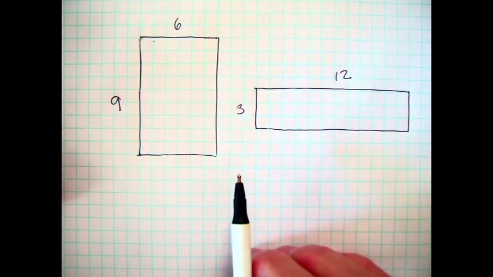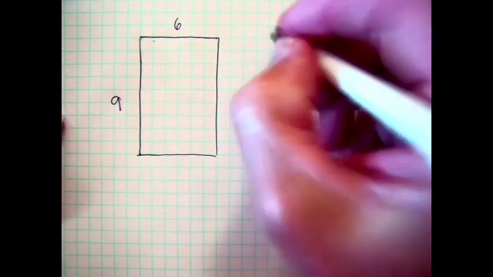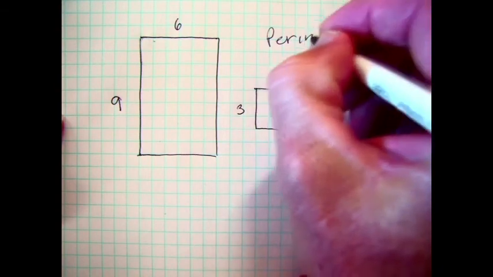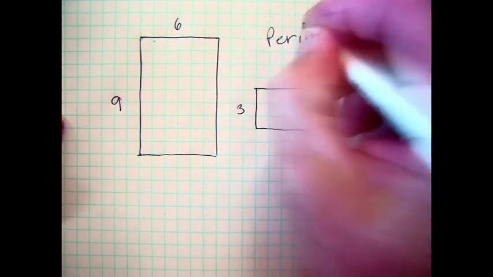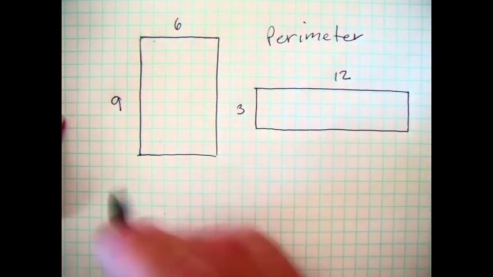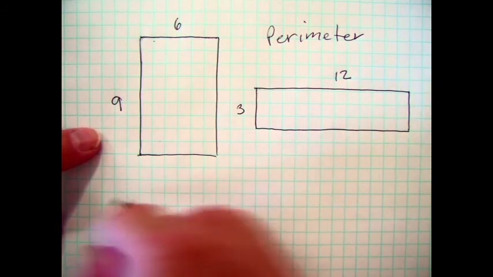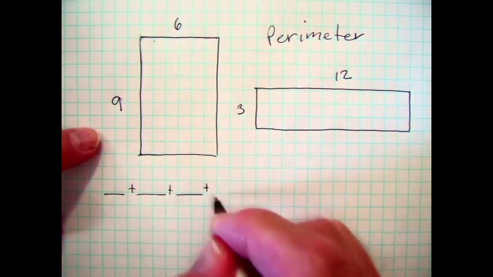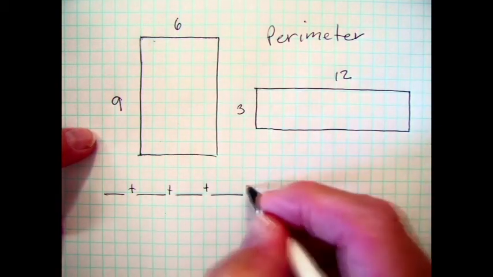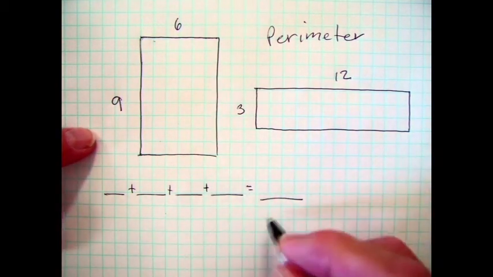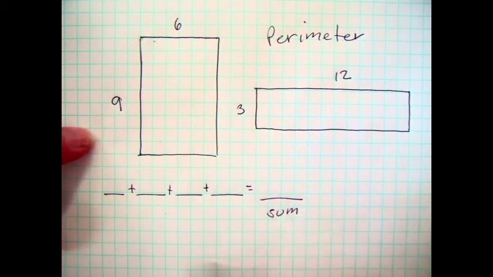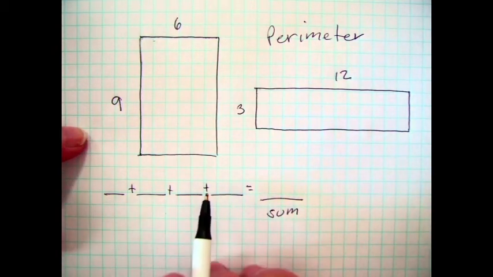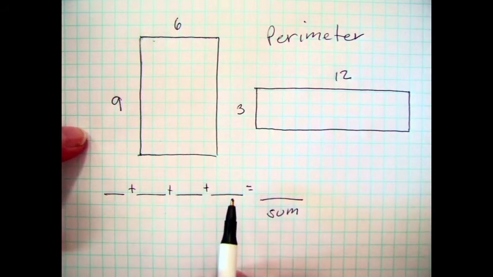All right. Now I'm just going to use my equations to find perimeter. Down here, remember, we have 4 sides. So we're going to be adding 4 sides and coming up with the sum of the addends, we call these numbers.